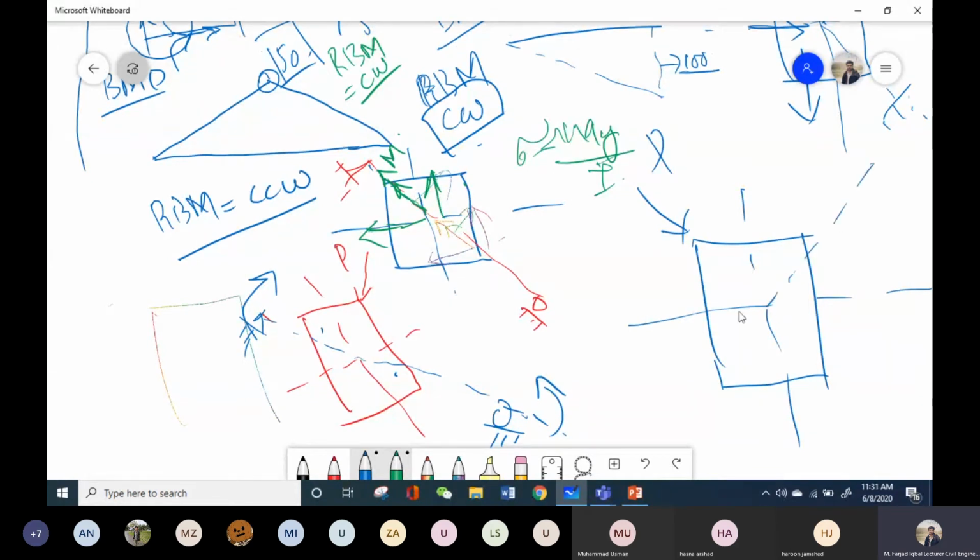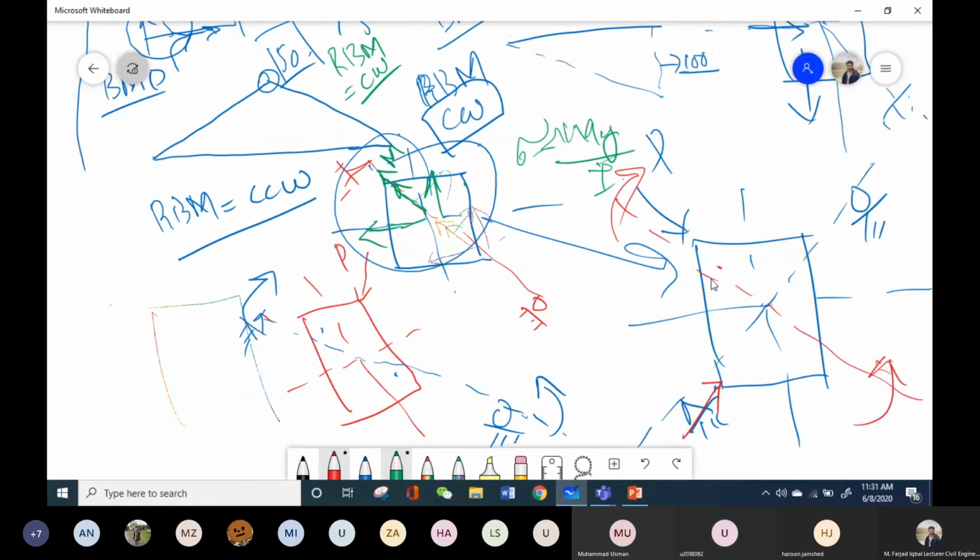So that axis is perpendicular to this one. Have you got my point? Yes, sir. Thank you.